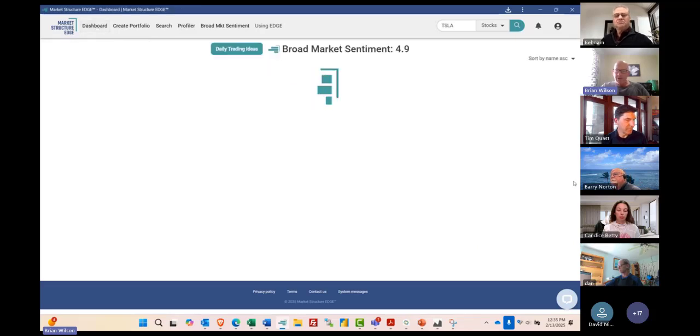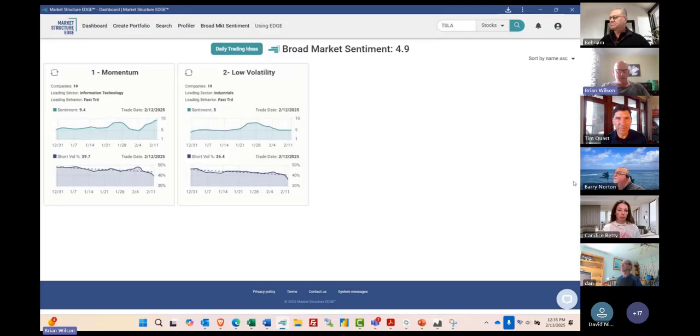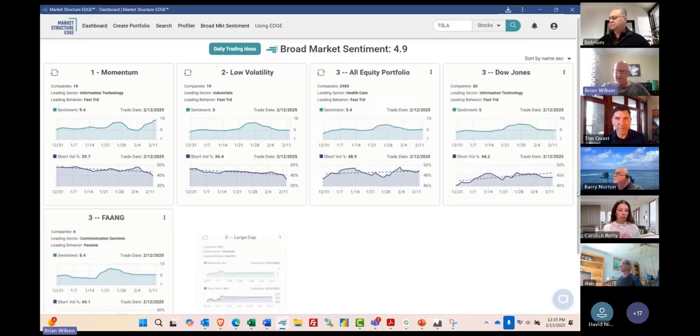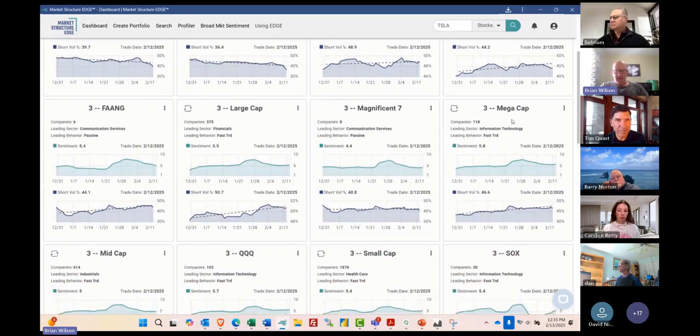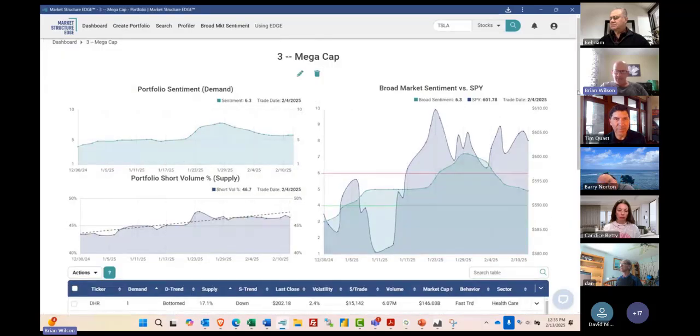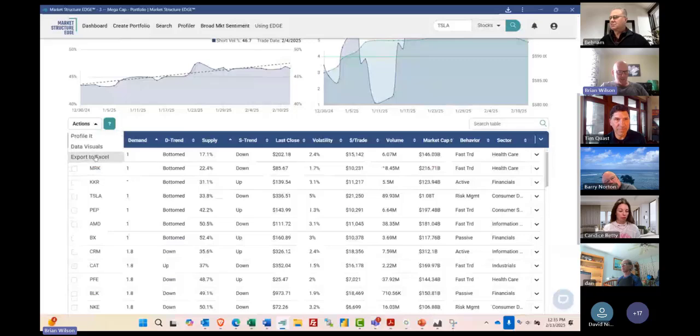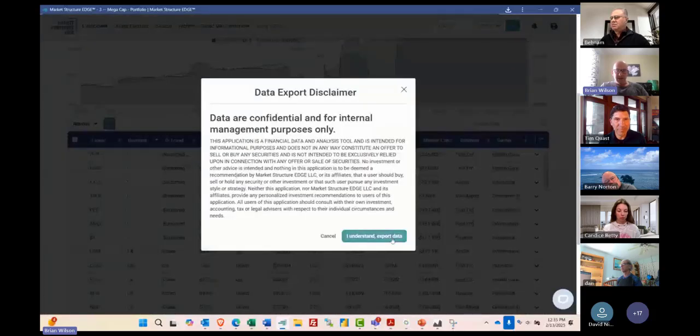What I wanted to share with you was part of the reason that we watch the mega cap, part of the reason that we watch big tech. What you can do with these portfolios is you can download the components of it. So this is my mega cap portfolio, and you can export that to Excel.